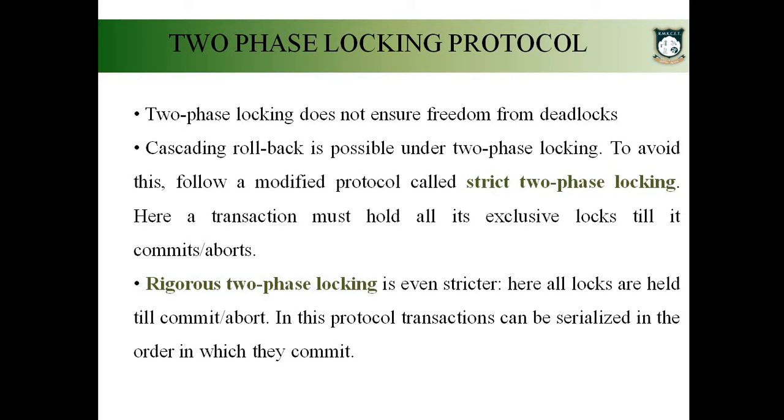So these are two versions of the two-phase locking protocol, and these protocols will ensure that the schedule that is generated does not lead to cascading rollbacks, and also that those schedules are recoverable schedules.